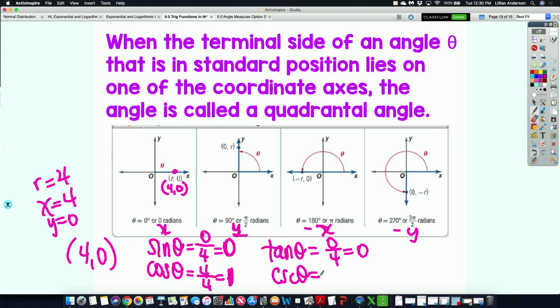What's 4 over 0? It's undefined. So cosecant is undefined. Secant is the reciprocal of what? Cosine. So when I flip 4 over 4, it still stays as a 1. Cotangent is the reciprocal of tangent. What happens when I flip 0 over 4?